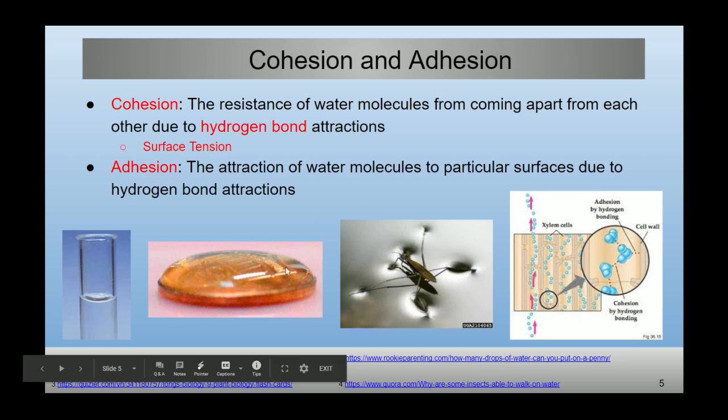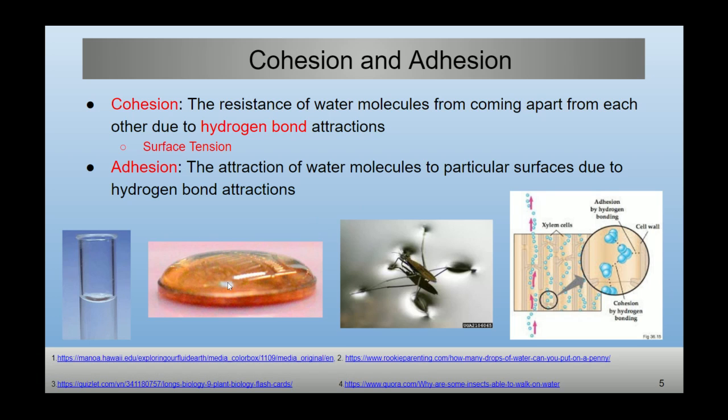The next one is due to cohesion. You've got a penny with droplets of water doming up, and they don't want to drop. That is due to cohesion, the resistance of water molecules to coming apart over this penny because of the hydrogen bond attractions between them.